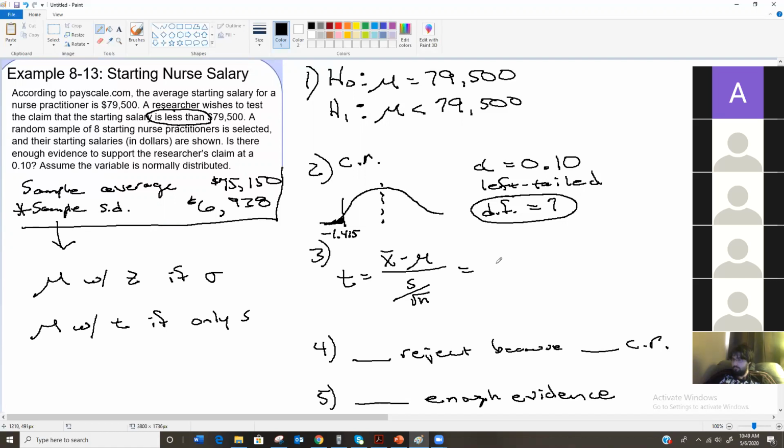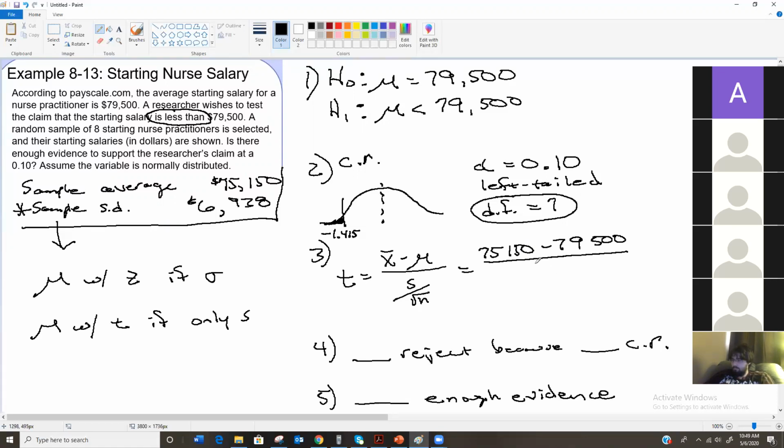So what's X bar? Where's it at? I'm missing it. Oh, it's right here. I wrote it myself. Okay, 75,150 minus the mu of 79,500. Quiet, please.